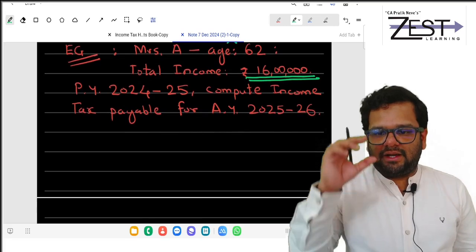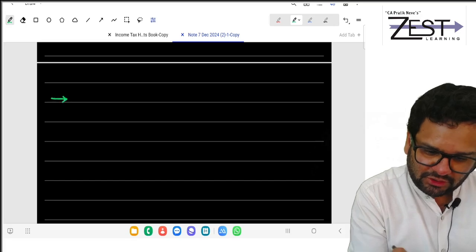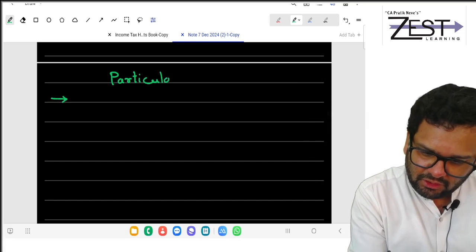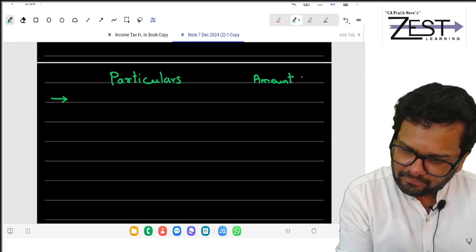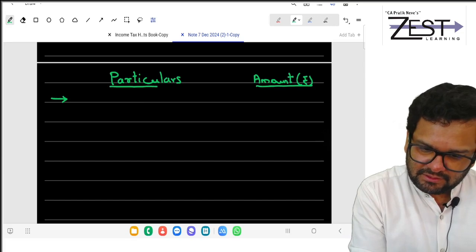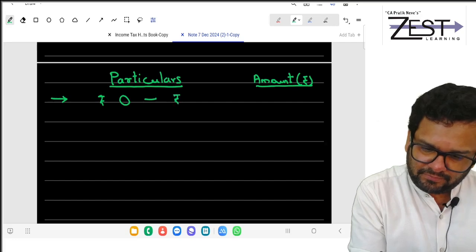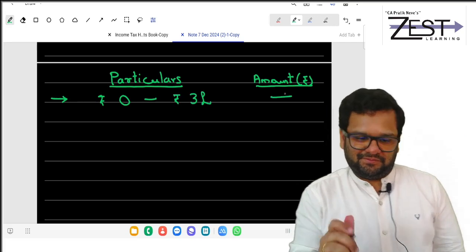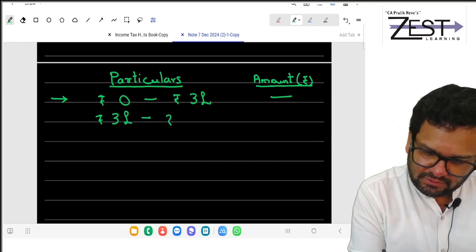Okay, let's go ahead and do the calculation. How will you do the calculation? Particulars, amount in terms of rupees. Start with 0 to 3 lakhs. No tax. 3 lakh to 7 lakh.